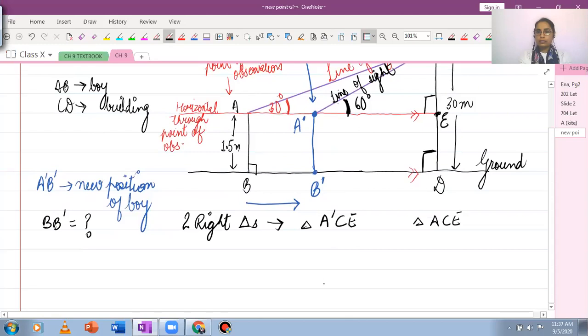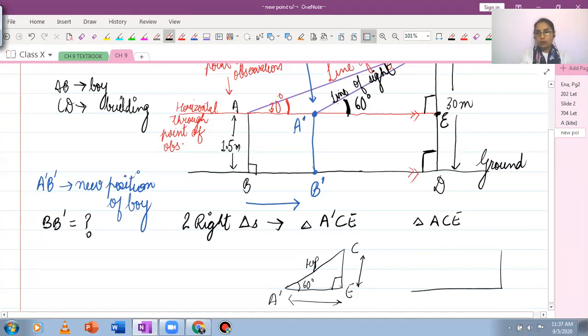If you want, you can draw these two triangles separately here. You can draw a rough sketch for reference of the triangle A dash CE. The angle is 90 degrees here. The angle formed at A dash is 60 degrees. This is the perpendicular, this is the base, and this is the hypotenuse of the triangle.